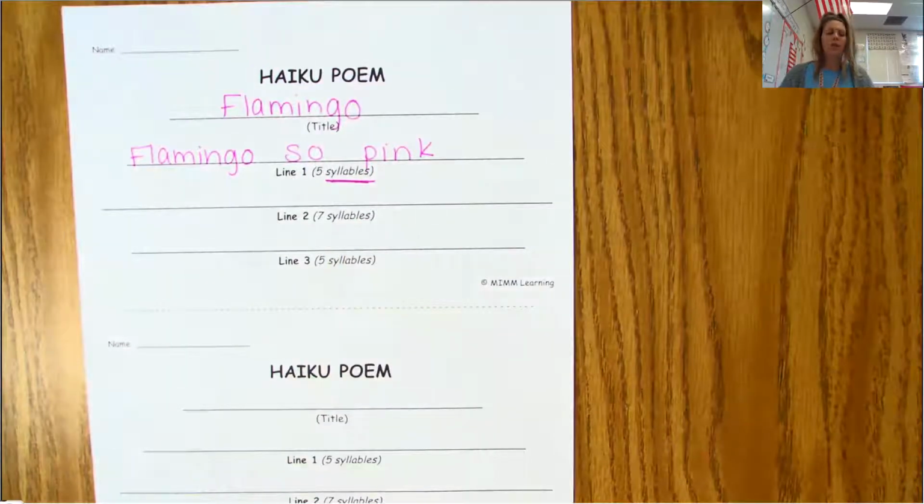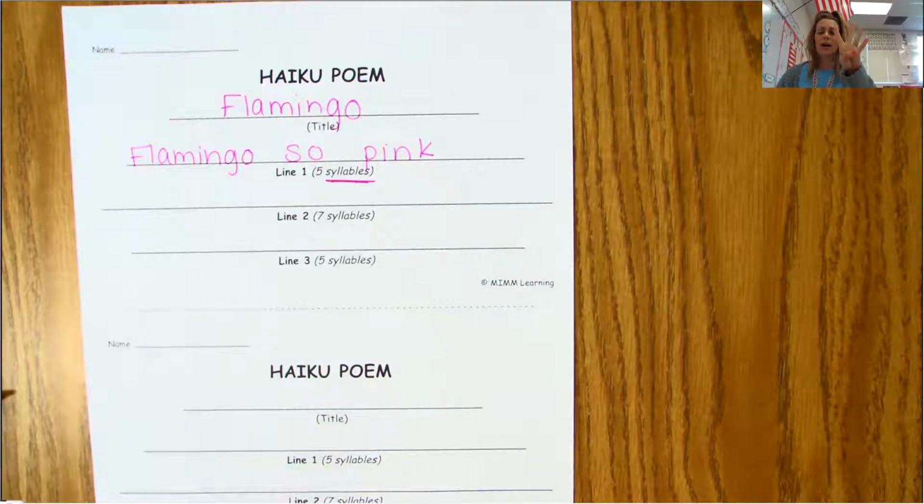Okay. Next one has to be 7 syllables. Okay, well, I'm going to think of those adjectives I use maybe in my step poem. Graceful. Graceful in the water. Oh, that's only 6. Ooh, could I add an adjective to describe the water? What color is the water? Blue, right? All right, let's try again.